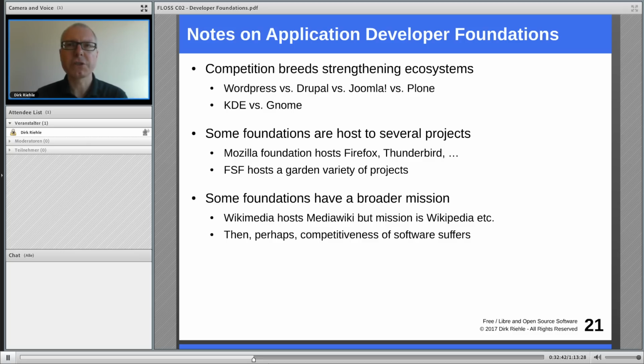So the Wikimedia Foundation is only interested in MediaWiki to the extent that it supports its projects, which is actually a problem because it doesn't really care so much about the commercial interests of anyone providing services or products around MediaWiki, even though MediaWiki is the most popular wiki of all, I believe.